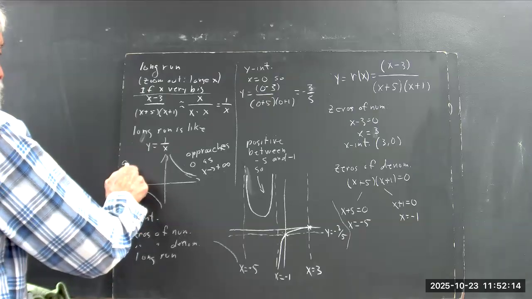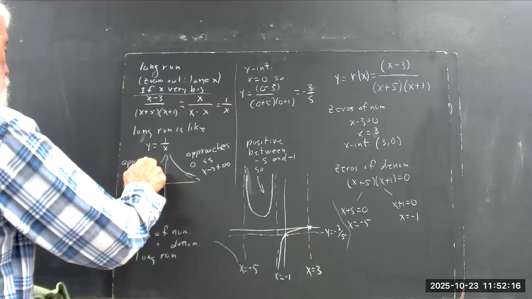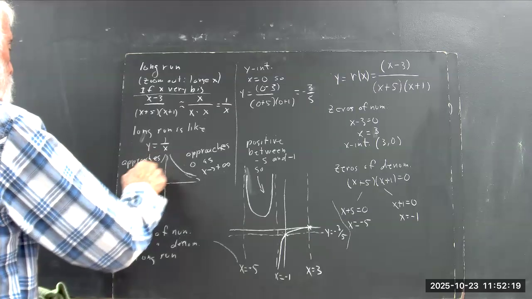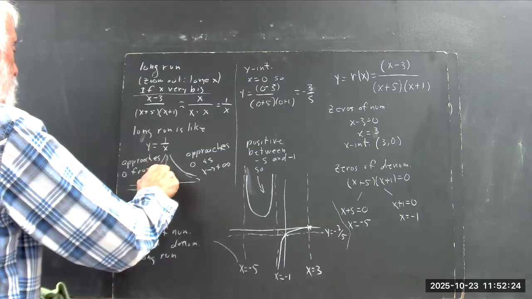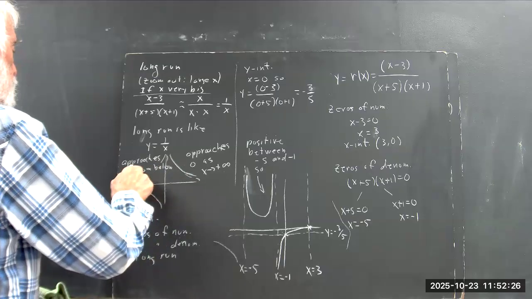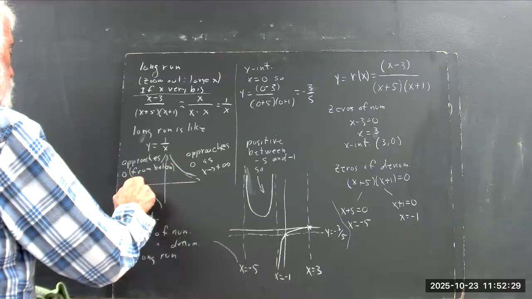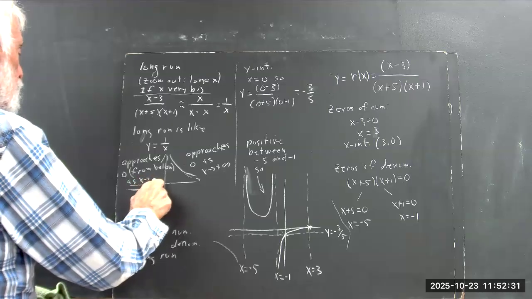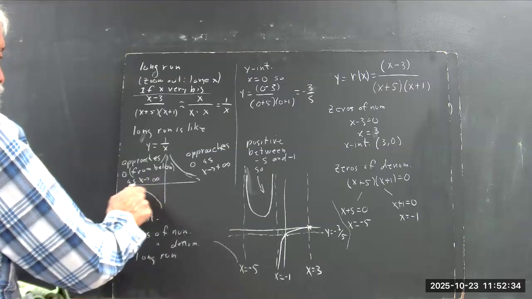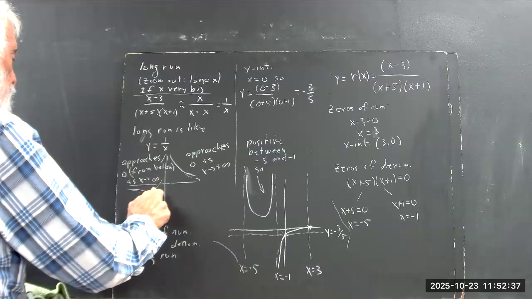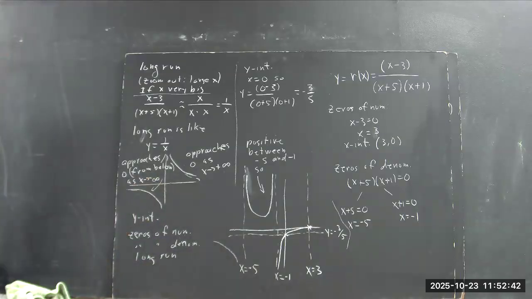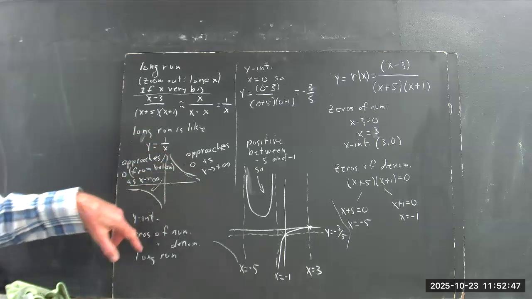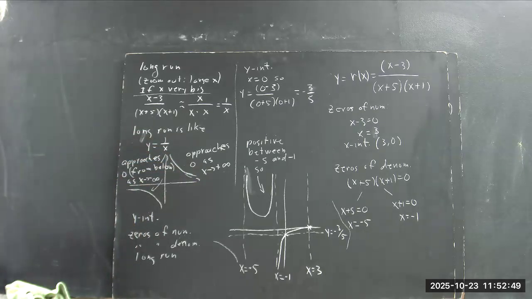This one approaches zero from below as x goes to negative infinity. It's just the way the reciprocal function acts. You can also reason it out.